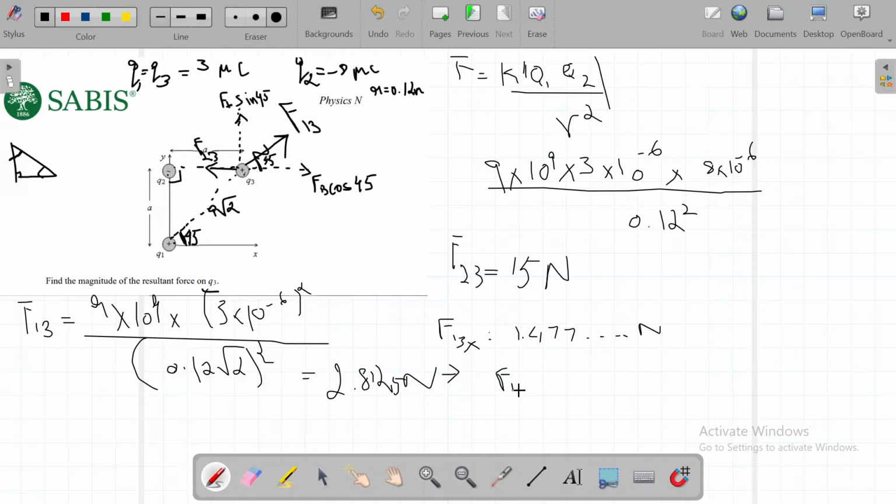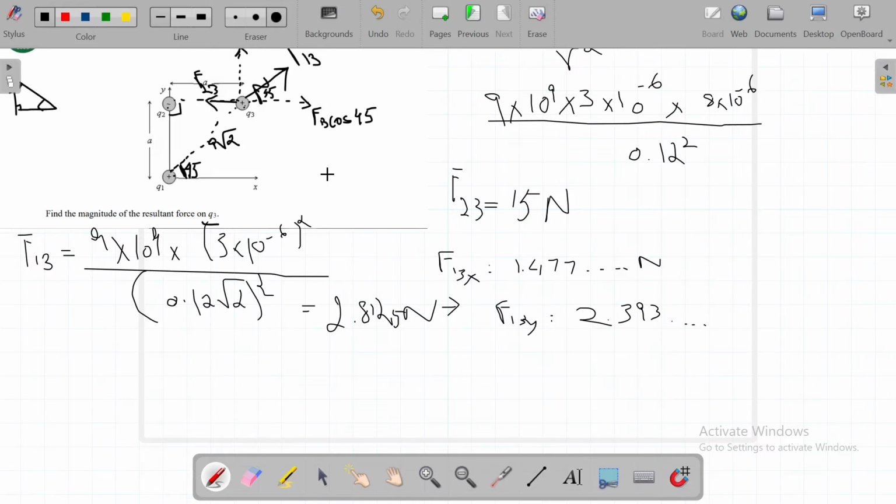Then the F13y, which is the sine component, you just do 2.8125 times sine 45. You get 2.393 whatever.